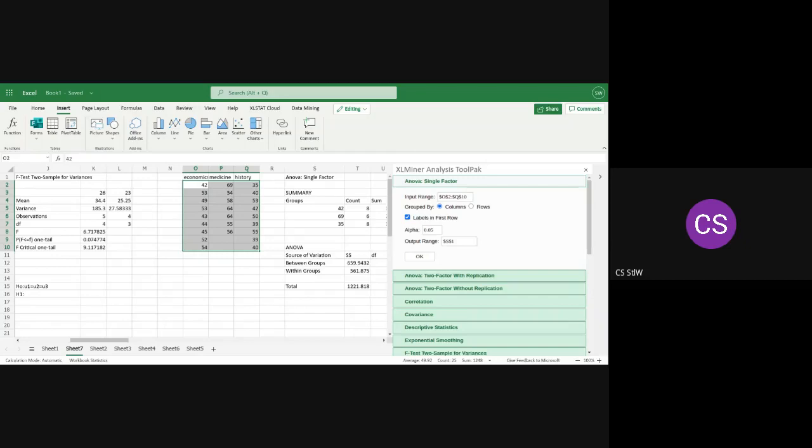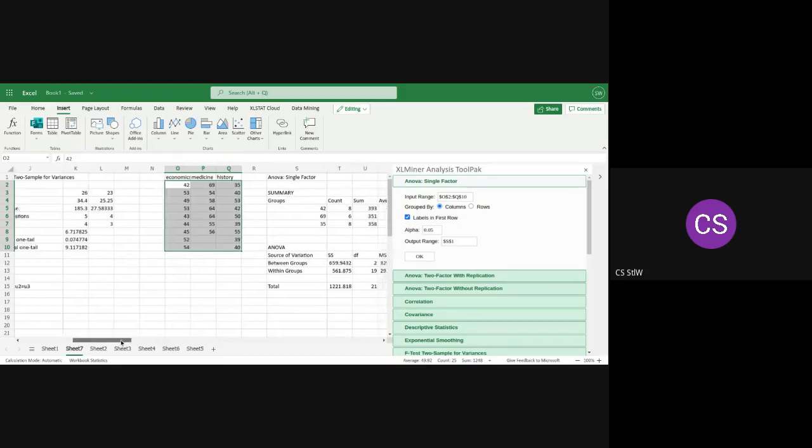Okay, so let's move on. I believe you're now okay. So you marked the labels as first row. Christopher, you can't unmute yourself. I marked the labels as first row. What do you mean?